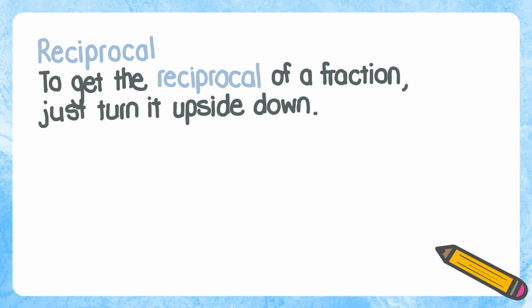So before we dive into dividing fractions, I just wanted to quickly talk about the reciprocal of fractions. So to get the reciprocal of a fraction, just turn it upside down. So just switch the numerator and the denominator. So for example, if I had 3 over 7, in this case the numerator is 3 and the denominator is 7, I'm just going to turn this upside down to get the reciprocal.